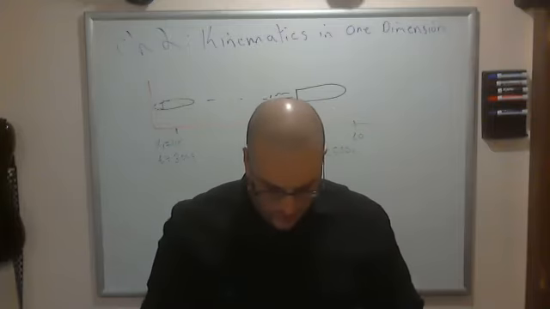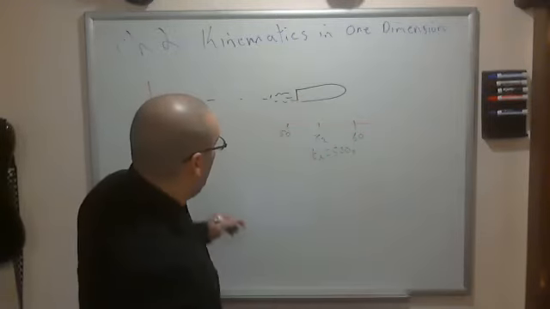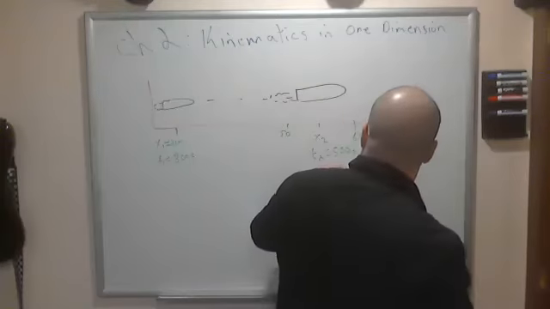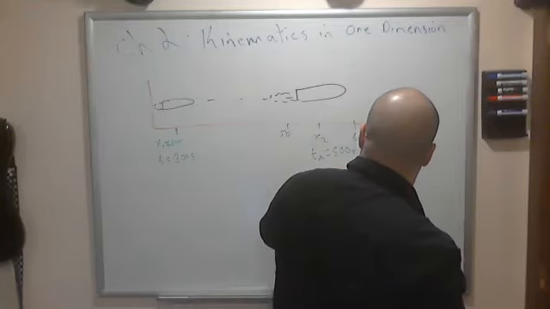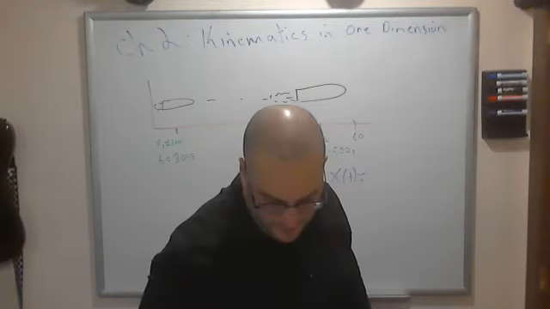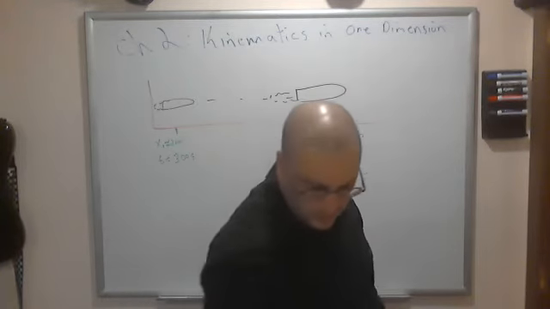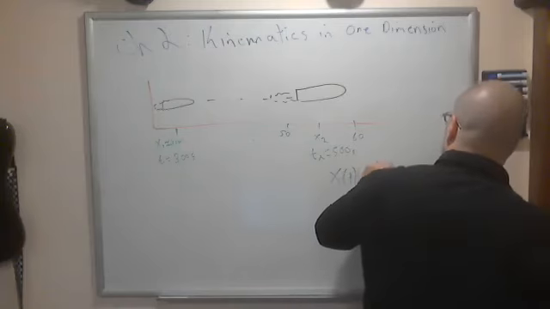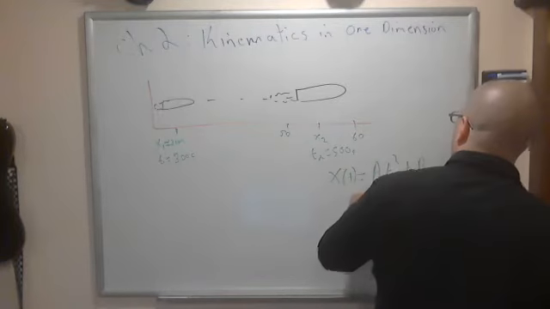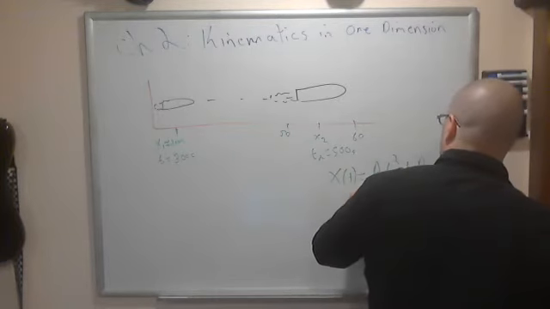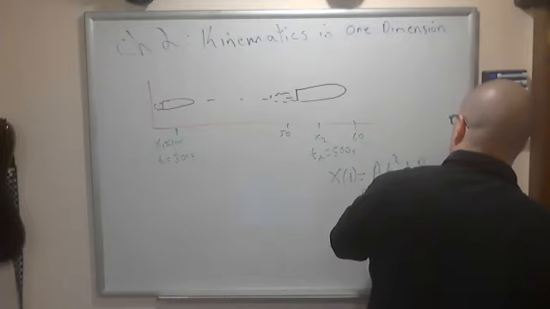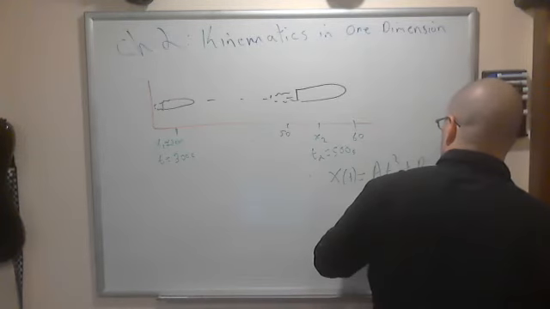All right, and then the equation of motion is given to us, the position function, and it's a t squared plus b. A is equal to 2.1 meters squared.